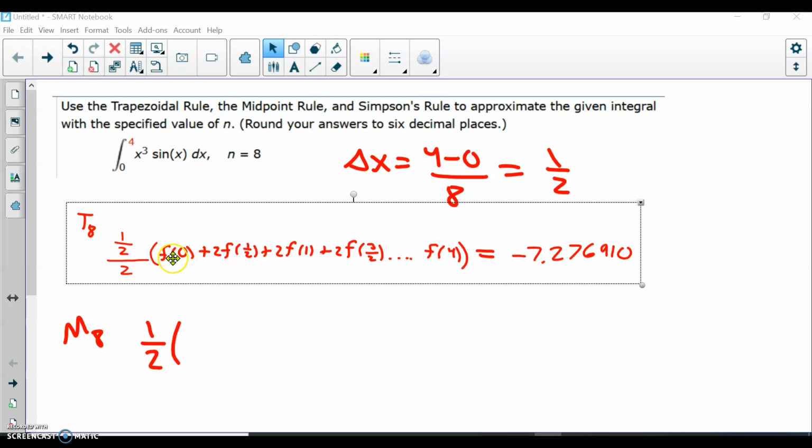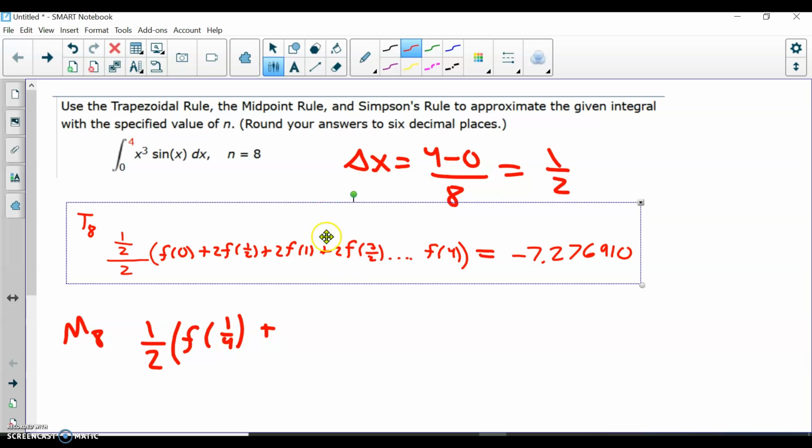So if you were to start at 0, our next delta x would take us to a half. Well, the midpoint of that is a fourth. So we've got f of a fourth. And then you could say, hey, the next pair here is a half and 1 in terms of x, so the midpoint is 3/4. Or you can just notice that delta x is still a half, so we can just add a half, or delta x, to each of these x's as we move left to right.